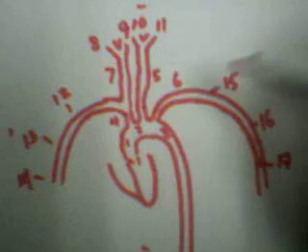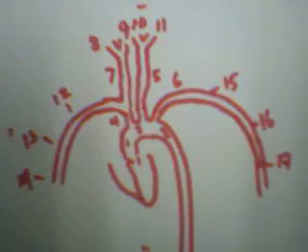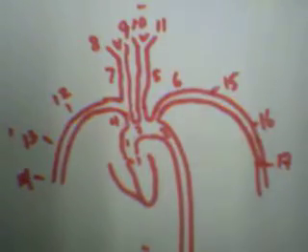The second branch off the arch is number 5, which is the left common carotid artery. Then the third branch off of the aortic arch is the subclavian artery.